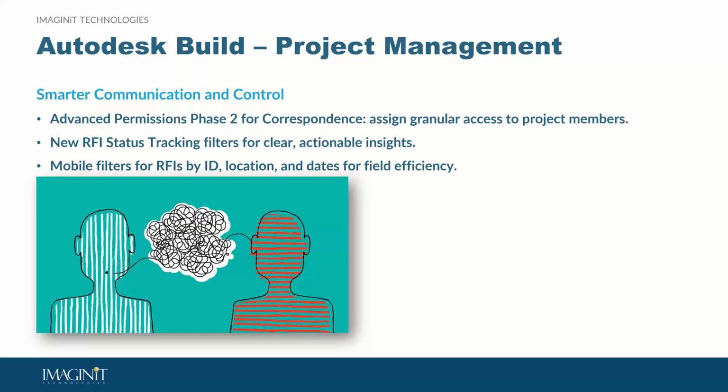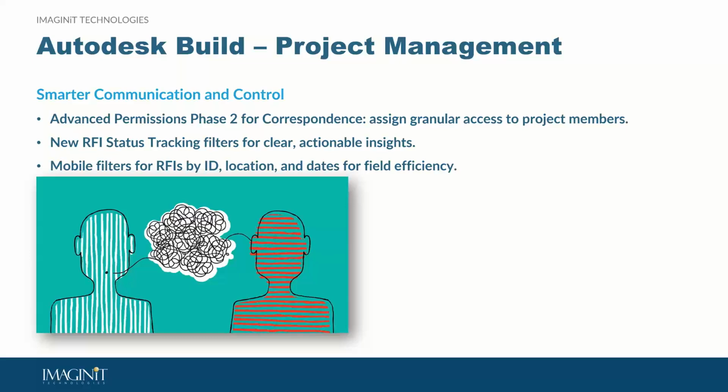We really want to narrow in and have them only have visibility to what they need, especially in projects with sensitive, perhaps pricing information that is email driven. We want to make sure they're not seeing things they can't, and there are some new enhancements there for permissions in this phase 2 for correspondence.